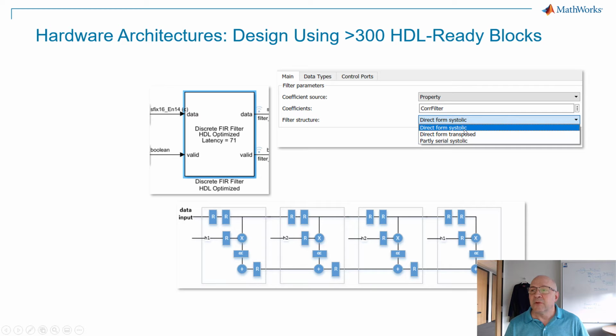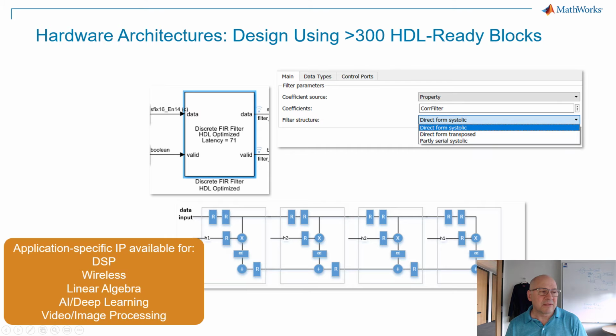So if you're a signal processing engineer, you'll probably quickly recognize these different forms: systolic, transposed, or partially serial systolic forms. So depending on whether you're optimizing for minimizing resource usage or trying to minimize latency or other elements, you might want to choose amongst those using your design know-how.